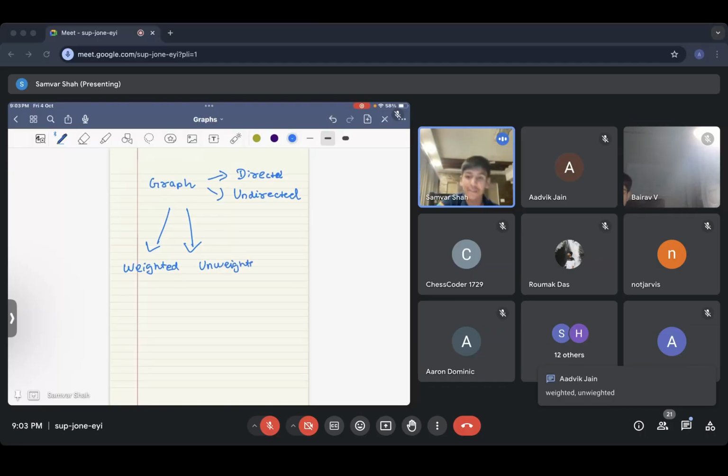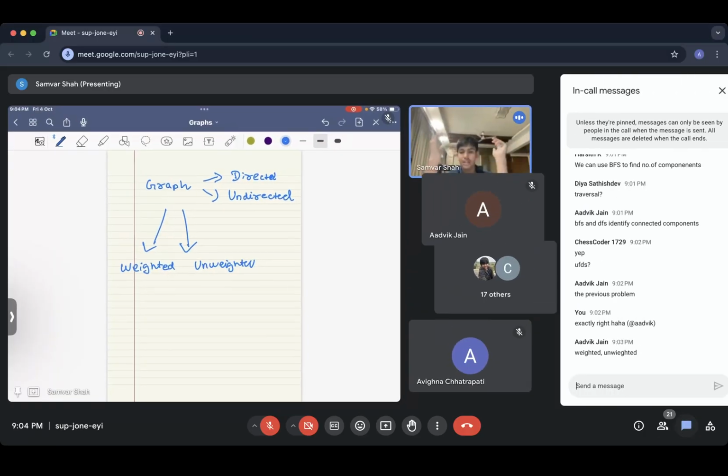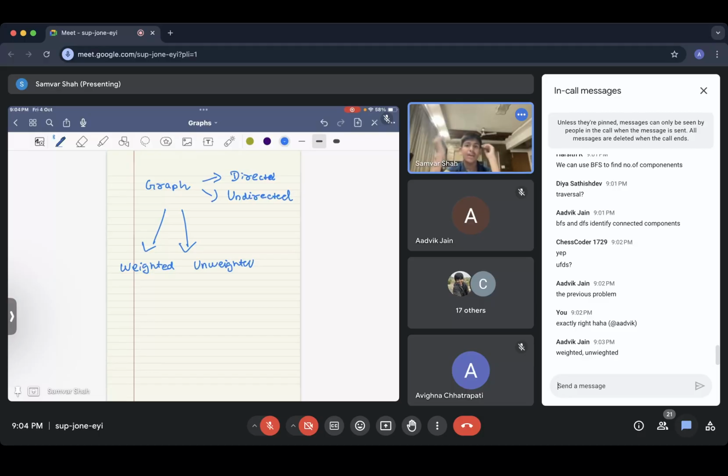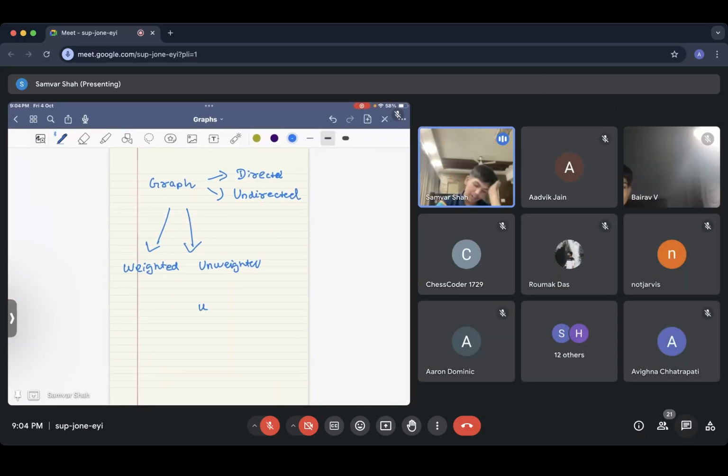So what this means is that till now, all edges were equal in magnitude, because if I can go from U to V and from V to W, it's the same for me. The nodes connected by the edges are different, but otherwise both of them are just edges. But now we add another parameter: a weight.